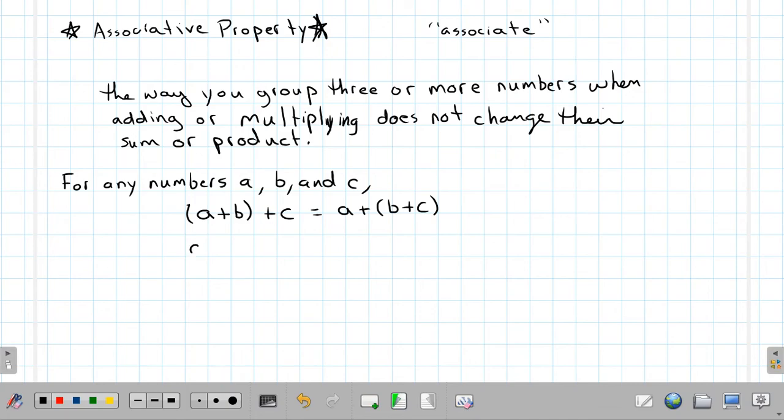Okay, so if you have A times B and then you multiply C, well, that's the same thing as taking A and then multiplying it times the product of B times C.